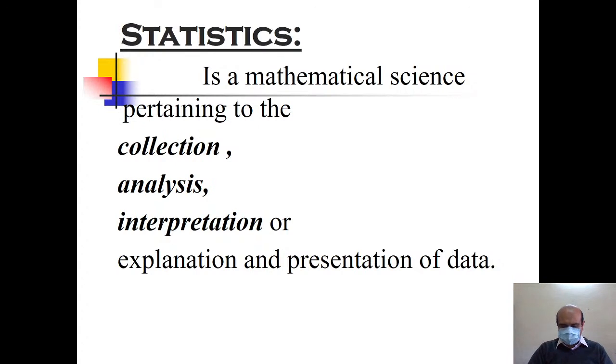So what do we do with statistics? These are revision classes, so I will be a little fast in discussing averages and central tendencies. We collect the data, we analyze the data, we interpret the data, and whatever information comes out of the data in text form or in logical forms, we present in the form of explanation.